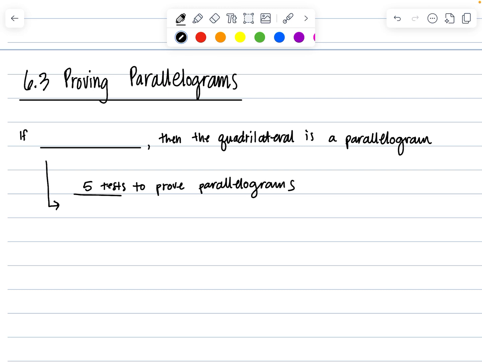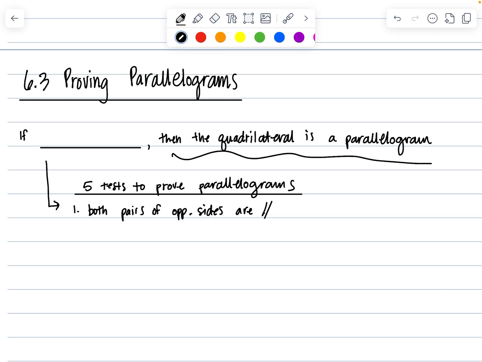All right, so the first one, very much like the properties of parallelograms, is both pairs. If both pairs of opposite sides are parallel, then the quadrilateral is a parallelogram. 2, if both pairs of opposite sides, just like before, are congruent.